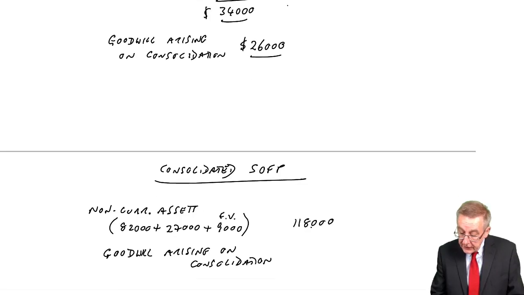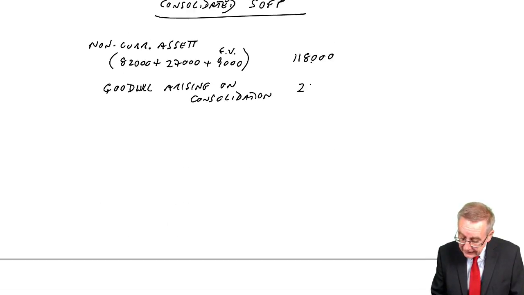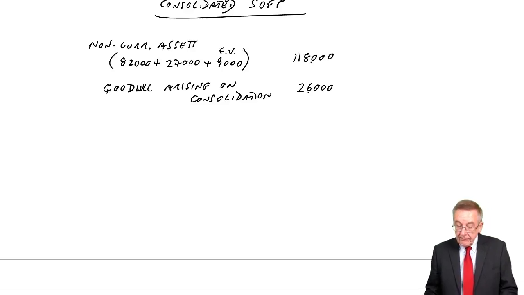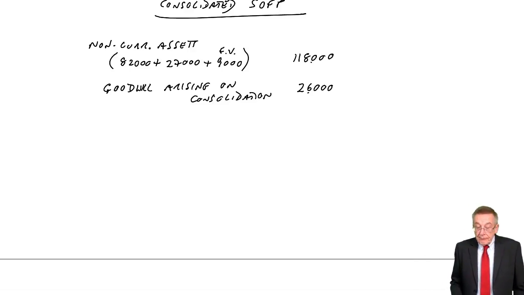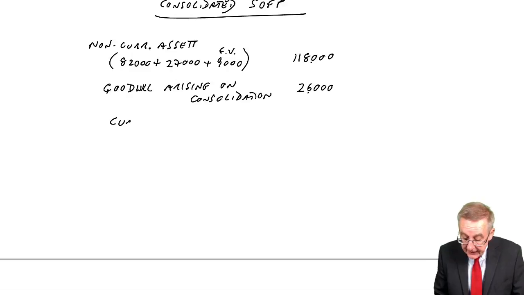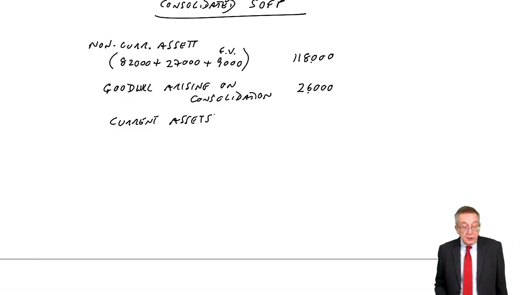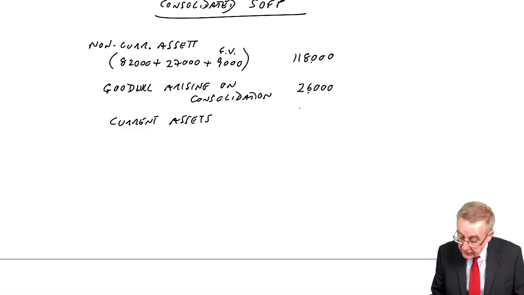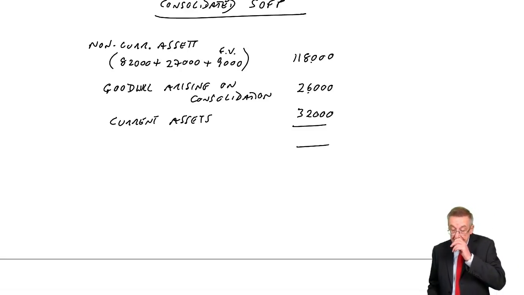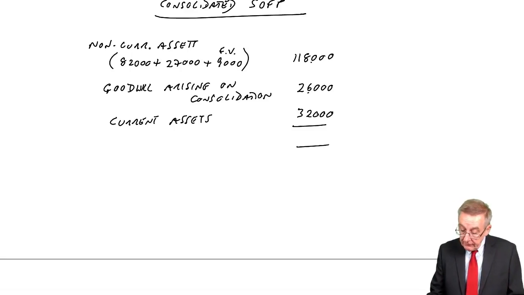I've forgotten how much it was already, 26,000. Current assets add up in the normal way. 20 in P, 12 in S, so a total of 32,000. And so the total assets, 176,000.